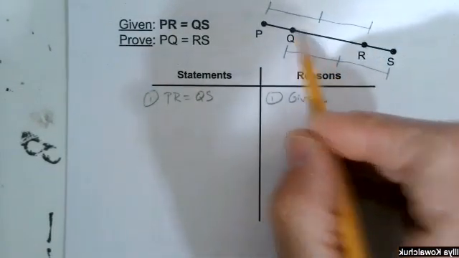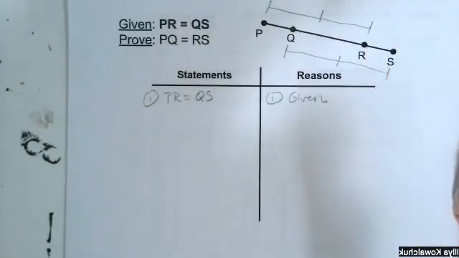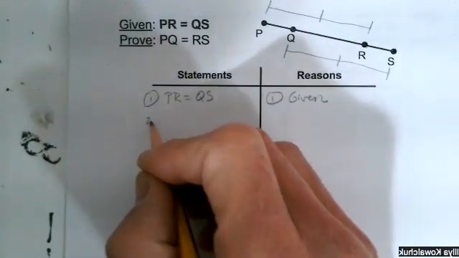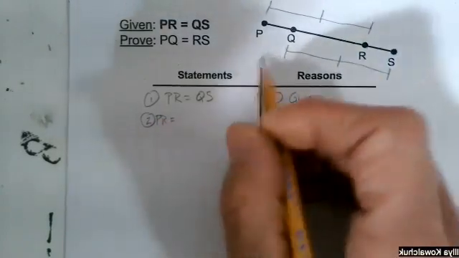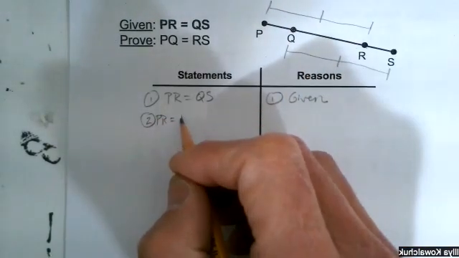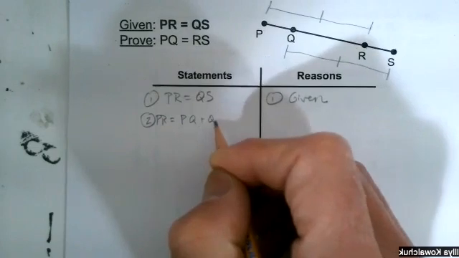Now, instead of adding QR to both, I'm going to subtract it from both. So for step 2, I know that PR is equal to these two added up together, PQ plus QR.